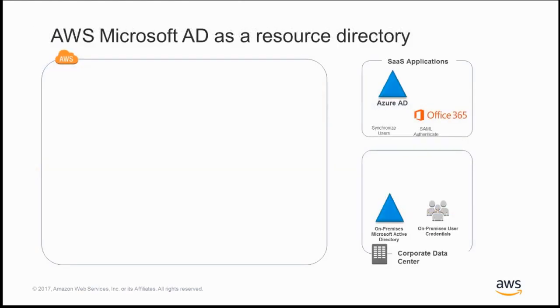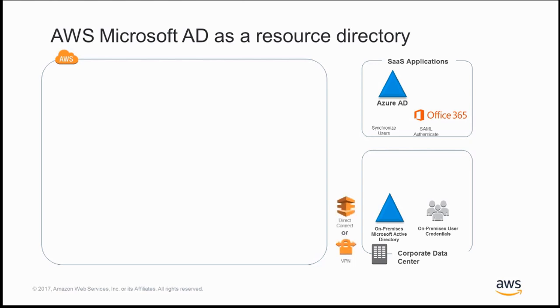There are a couple of deployment models that you can look at with AWS Microsoft AD. The first is a resource directory model. In this case, you have an on-premises Active Directory, and you may have an Azure AD account and Office 365 account in the cloud.